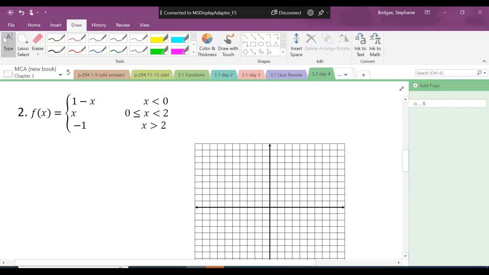And then once you get those values, go ahead and plot your points on your graph. And then you can just hold tight for just a second.